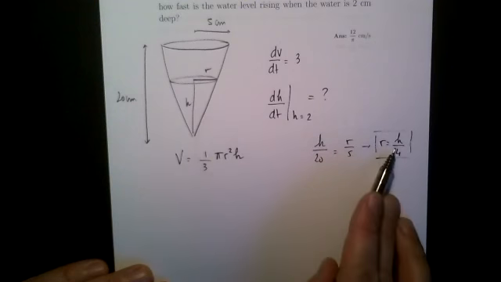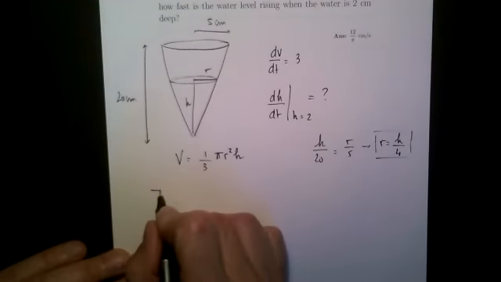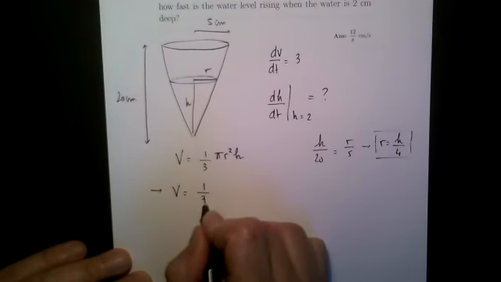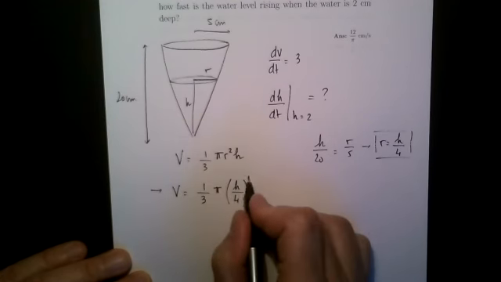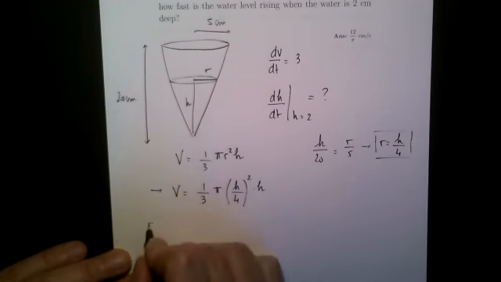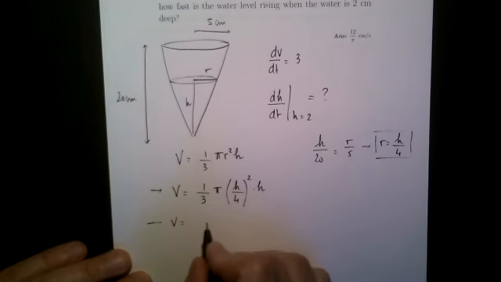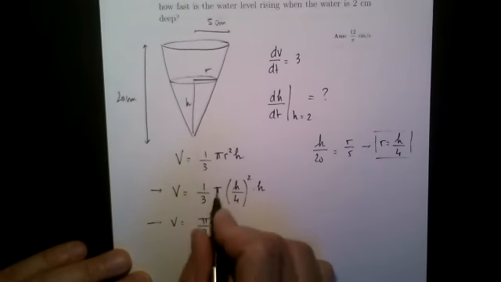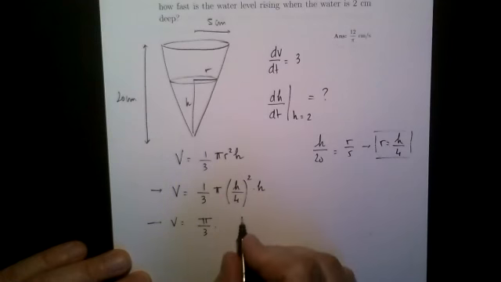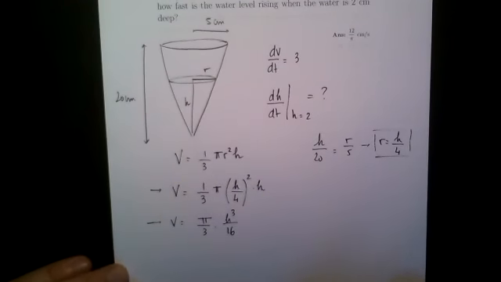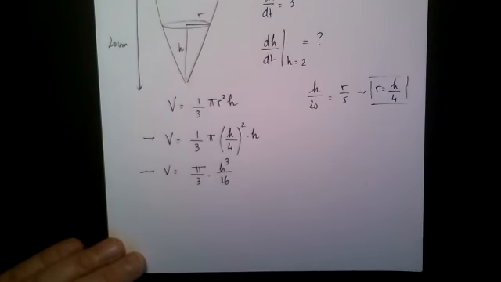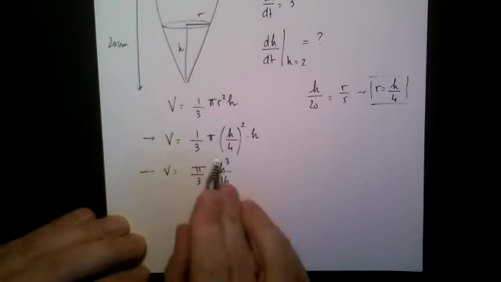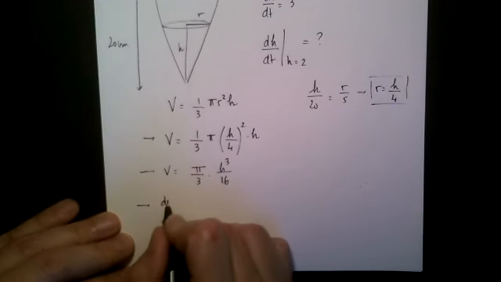Okay, I'm going to replace the radius by h over 4 in here. And so the volume is 1/3 pi times the radius, h over 4, squared, times the height, which means that the volume is pi over 3 times h cubed over 16. Now I can differentiate both sides with respect to time.